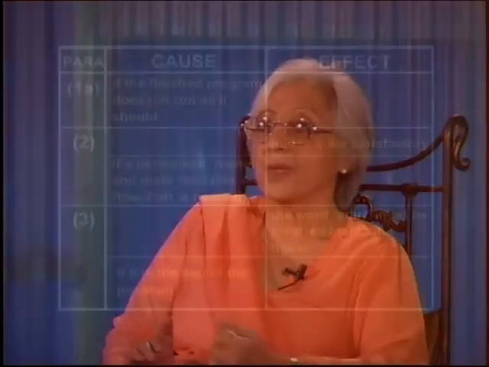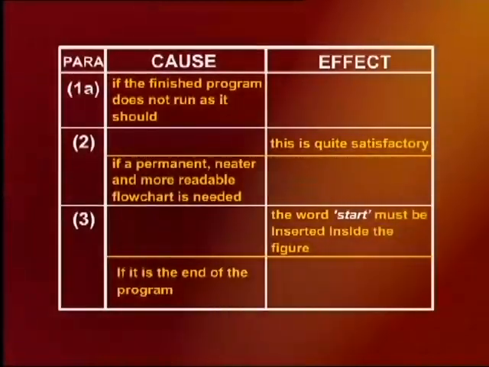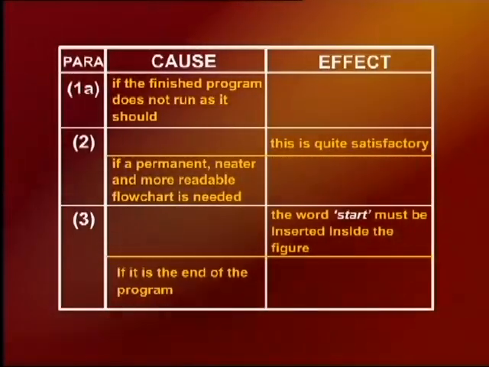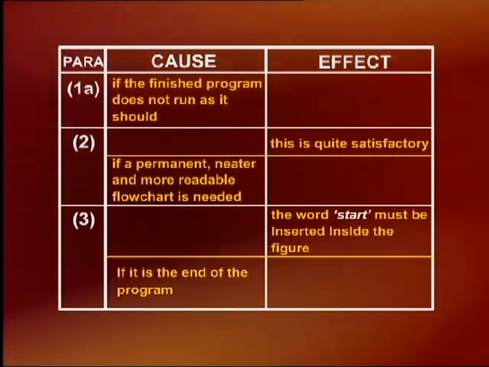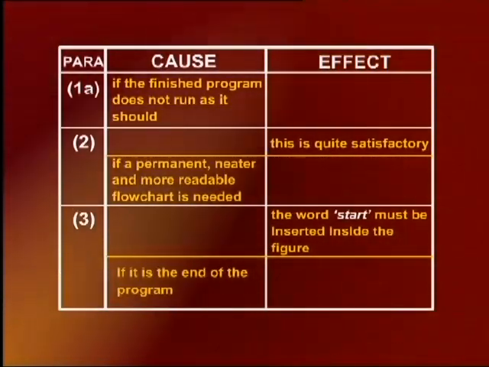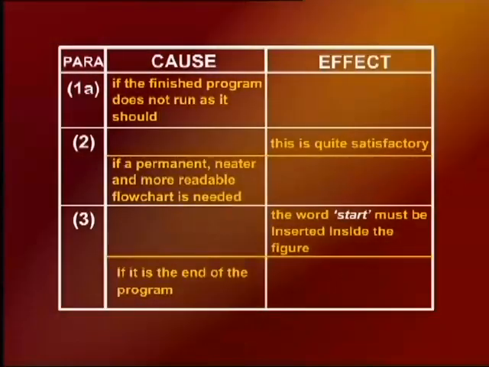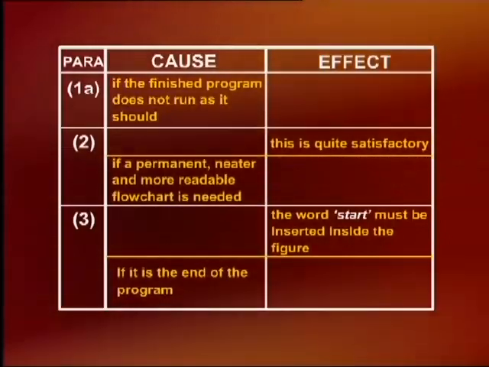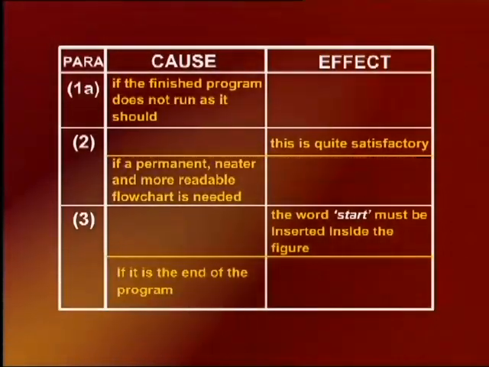Read the text on flow charting and complete the table that you have before you. It has two columns. One is marked cause and the other is marked effect. Now, there is something given in paragraph 1.